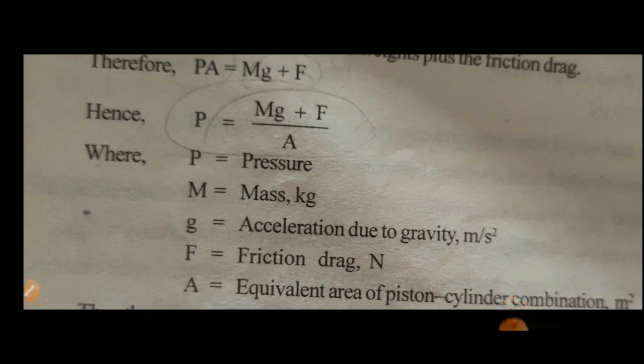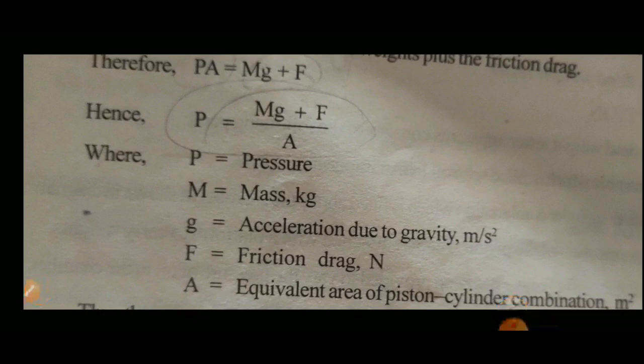If you see the equation, PA = mg + F, where P is pressure and A is the equivalent area of the piston cylinder combination in meter square. This is the pressure force applied by the plunger on the fluid to lift the piston up.